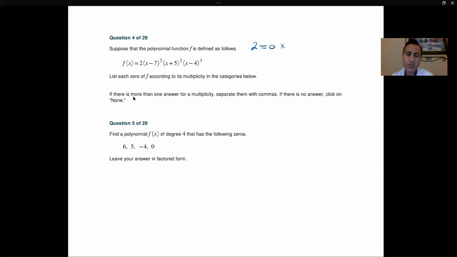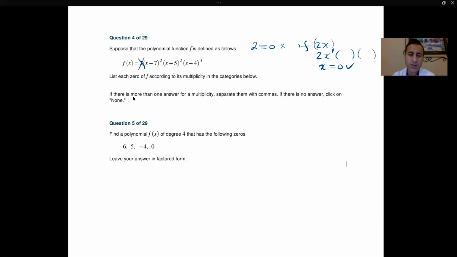But if it's 2x, then 2 is not possible, but if you do x equals 0, then it is a zero. In that case, you have to include it as one of the zeros, and the multiplicity is 1. So for 2 here, there's no zero.